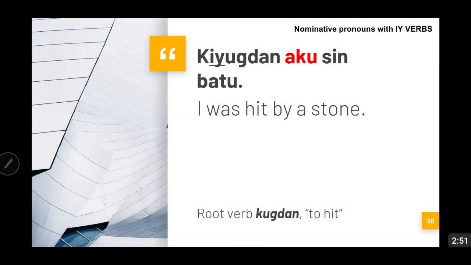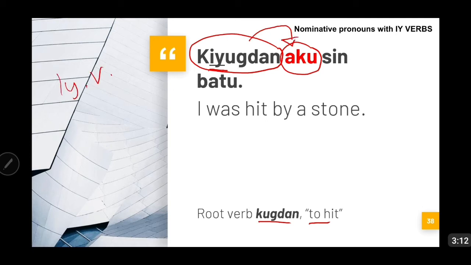Let's have another example. Kyugdan ako sin batu. Kyugdan came from the root verb kugdan, to hit. Look, it is an e-verb. Therefore, it is an object-focused verb. And we have the nominative pronoun ako, which is the focus of the verb kyugdan. Because kyugdan is an e-verb, and an e-verb is an object-focused verb, the pronoun ako is the receiver.